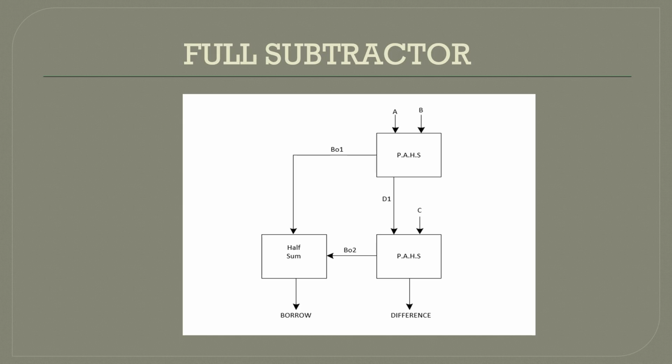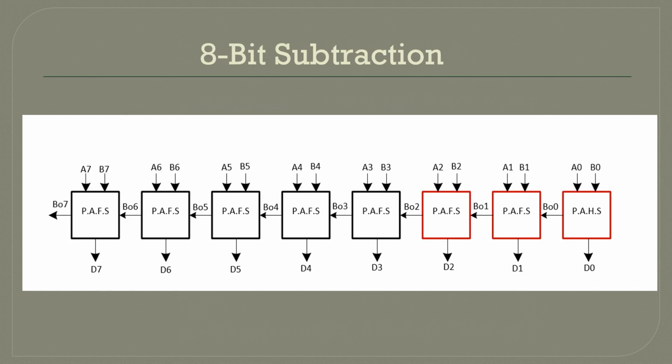First, inputs A and B were given to one approximate half subtractor, and the difference output was given to another approximate half subtractor with the other input C, so that we get the final difference output. The borrow outputs of the first and second half subtractors were added to get the final borrow output. This approximate half subtractor and full subtractor were used for the 8-bit subtraction.